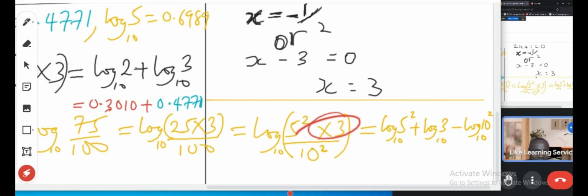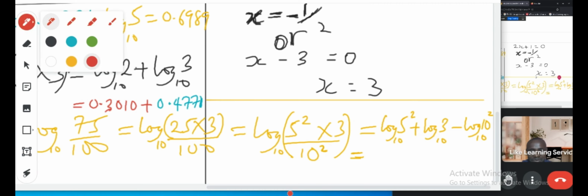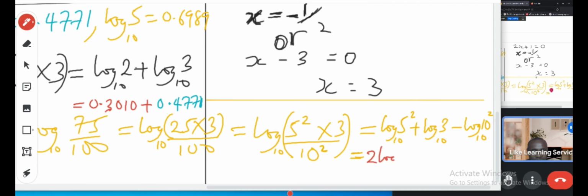For multiplication you do plus, for division you do minus. So that's it. I just don't want you to see this and think it is anything serious. You know, 2 will come down, isn't it? So you have 2 log 5 in base 10 plus log 3 in base 10 minus 2 log 10 in base 10.